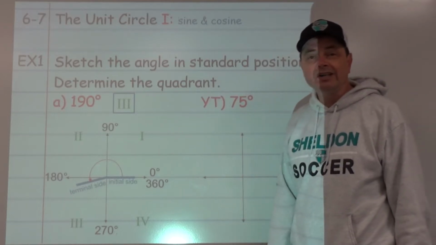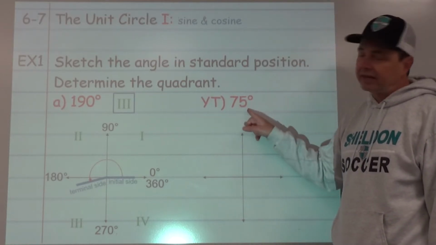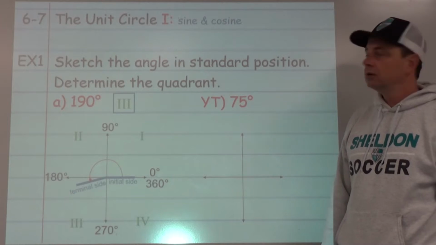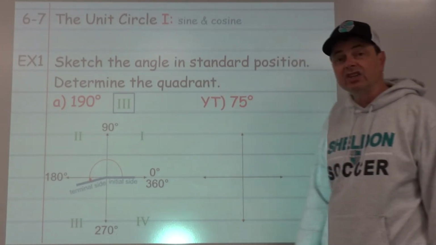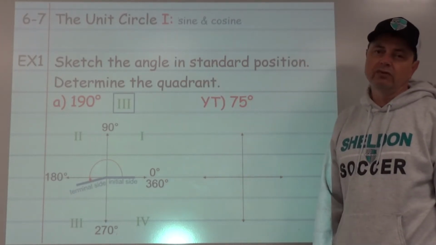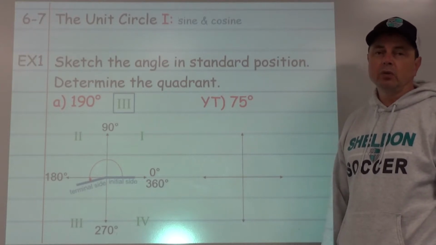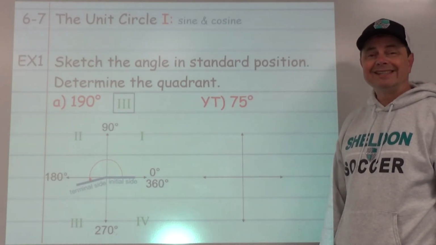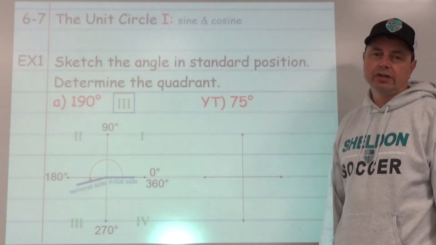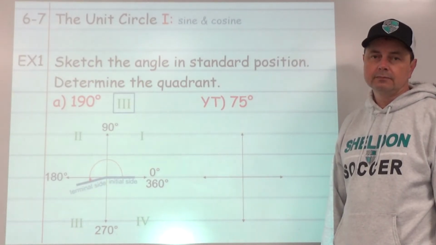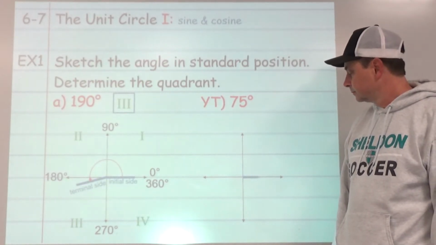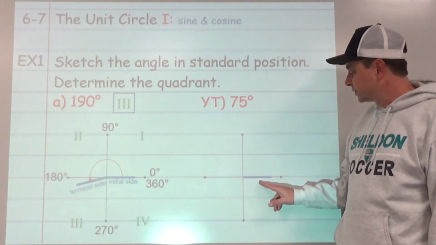All right, go ahead and pause here. I want you to sketch a 75-degree angle with an initial side, a terminal side, and an arrow of rotation, and determine which quadrant the angle is in. Pause here till you're ready. There's our initial side.